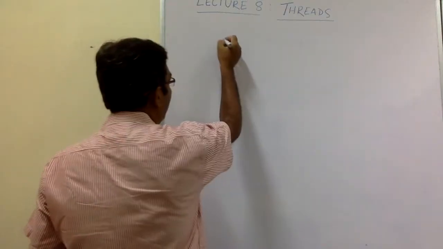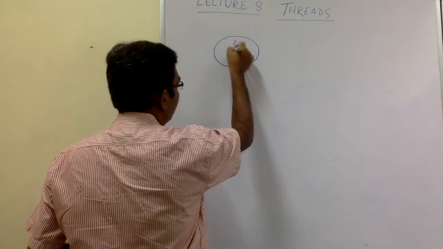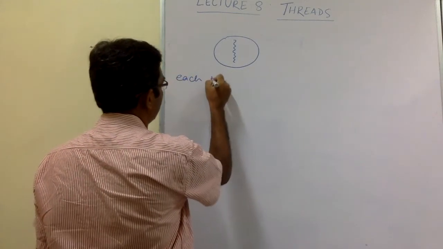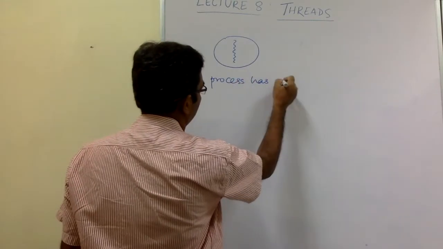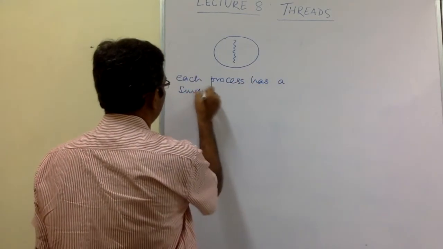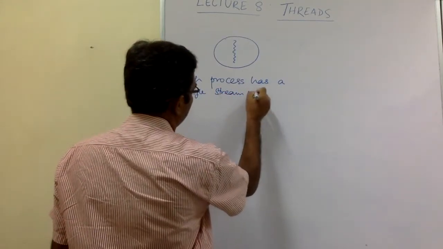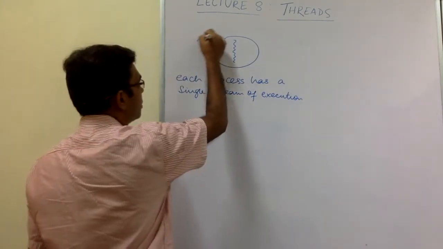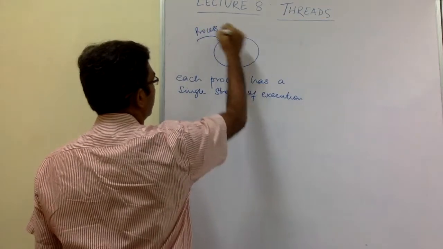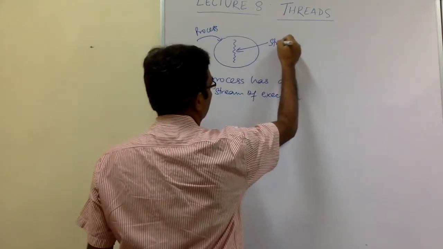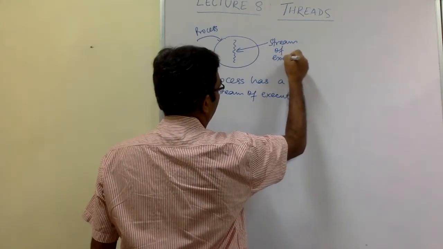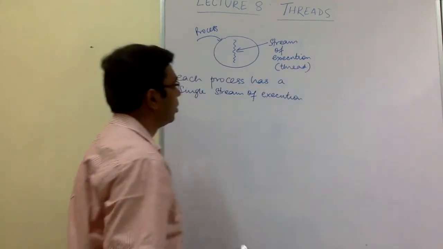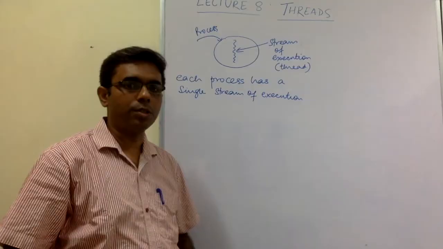So the idea is that by default, each process has a single stream of execution. If this is the process, this is my stream of execution, and let me call this stream of execution a thread. That's the code that I would like to execute.